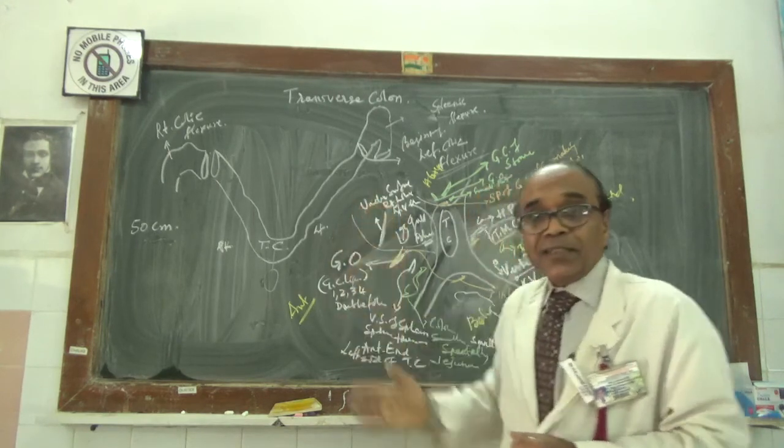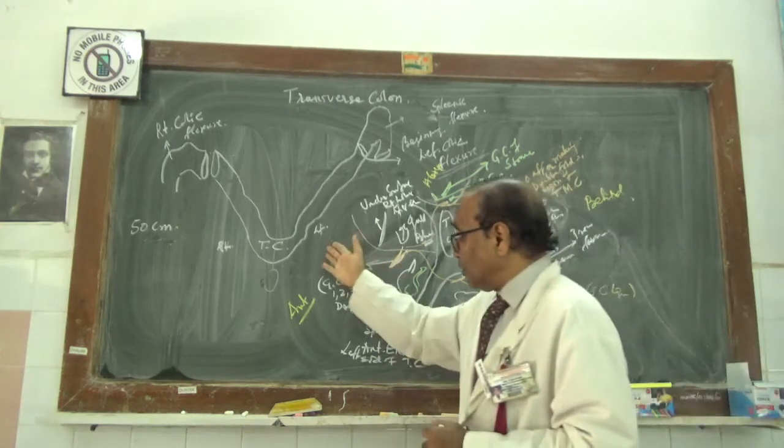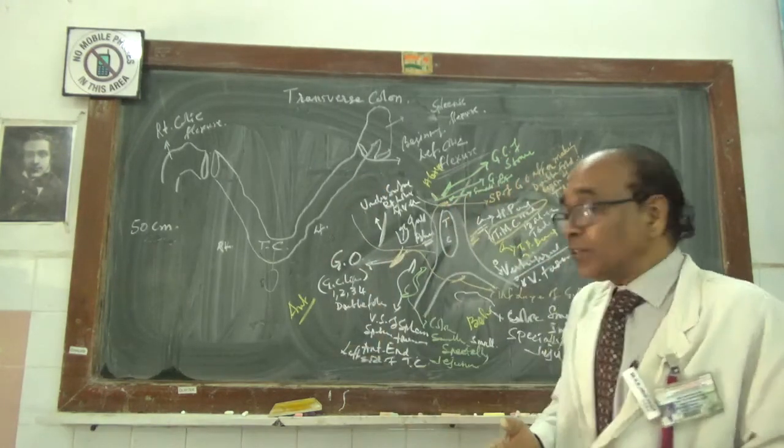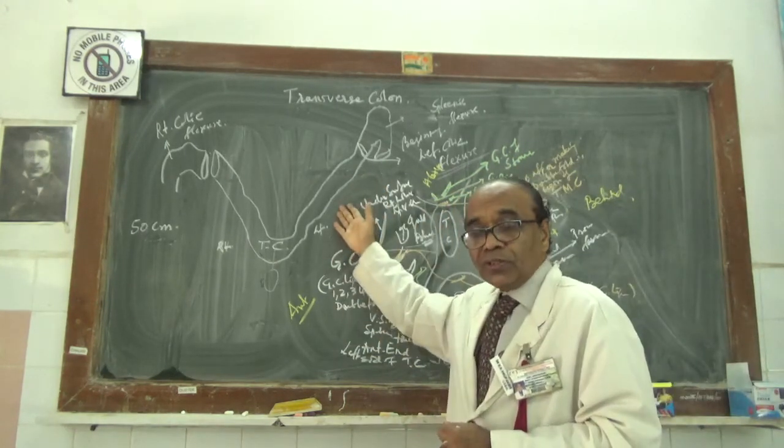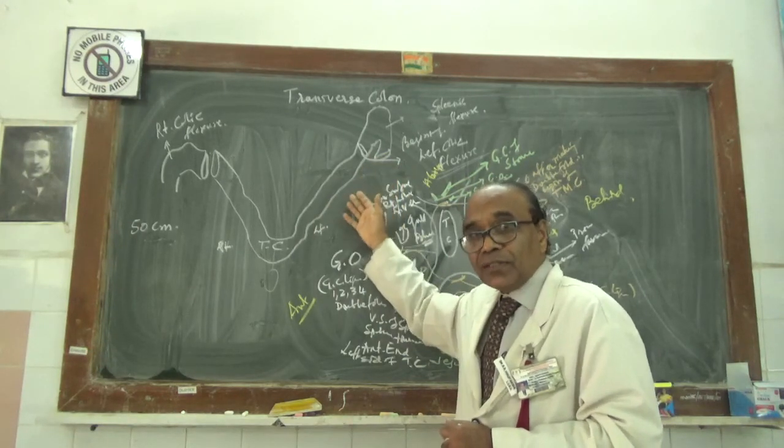That left colic artery, a branch of the inferior mesenteric artery, will be supplying the remaining part of the left part of the transverse colon, by means of dividing the colic.